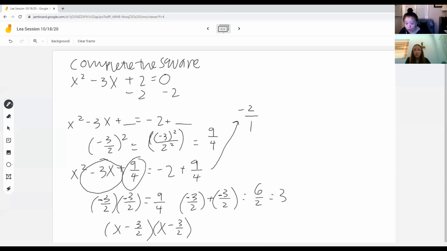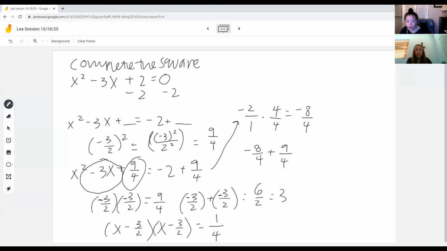And if you want the denominator to be 4, what would you multiply the denominator by? 4, and then you'd have to do that to the top. So then you'd get negative 8 over 4. Then you have negative 8 over 4 plus 9 over 4. So that would be 1 over 4.